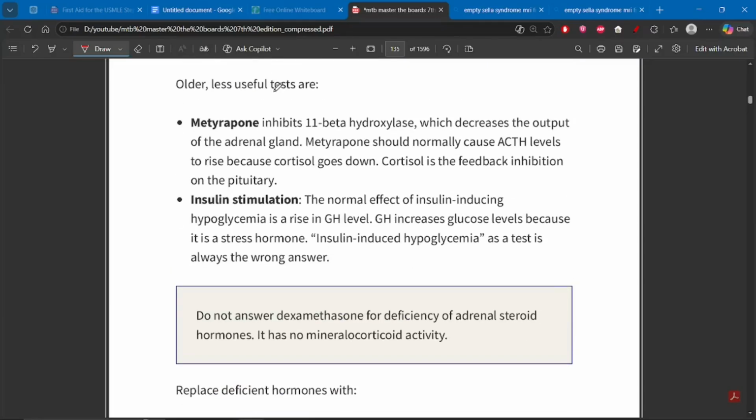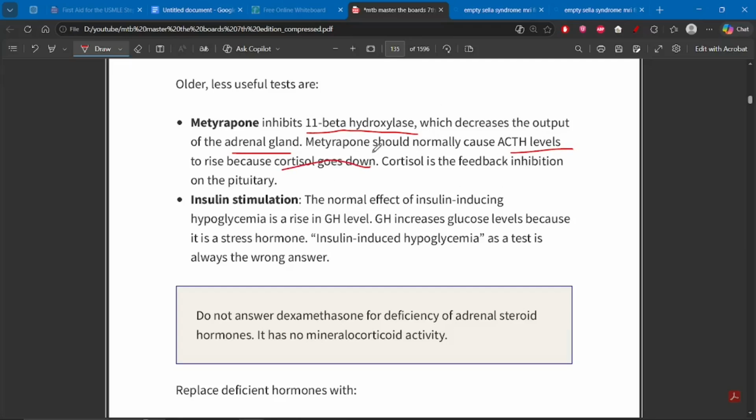Some other tests that are useful, such as the metyrapone test. Metyrapone inhibits 11 beta hydroxylase, and this decreases the output of the adrenal glands. So metyrapone should normally cause increased ACTH levels because it is inhibiting cortisol production.